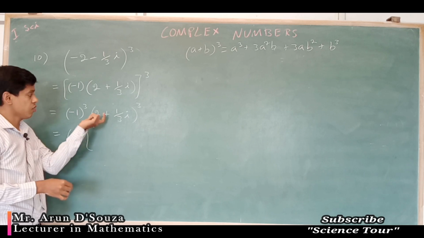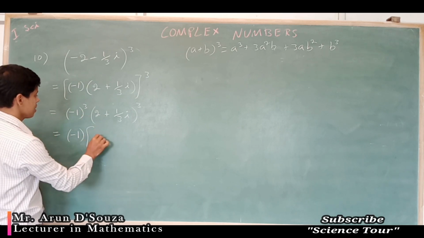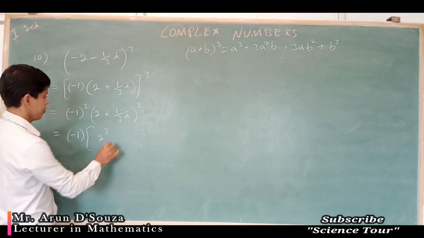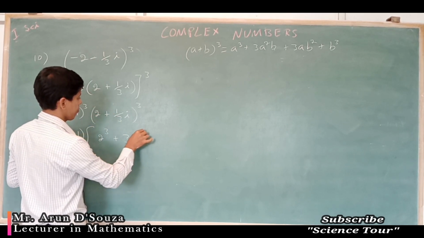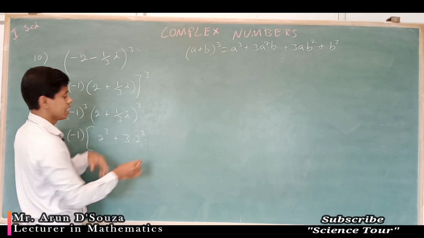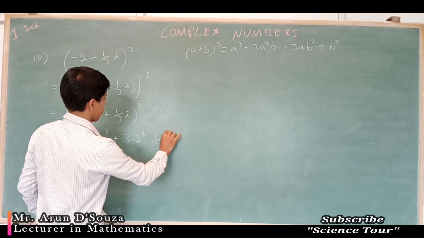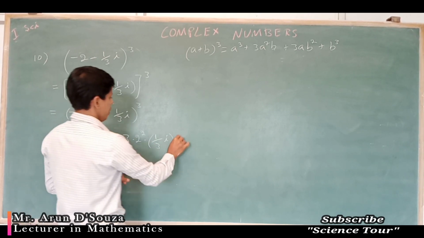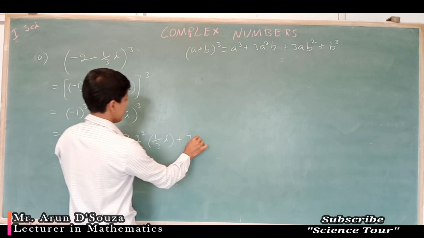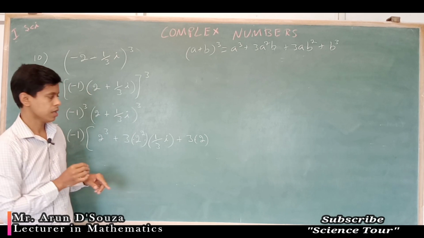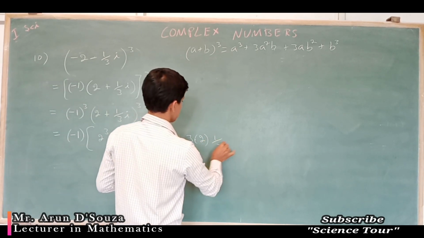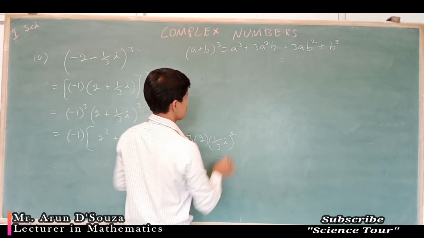Use that formula here. First is a cube, so a cube, 2 cube. Next 3a square into b, plus 3a into b square, so that is 1 by 3i square.